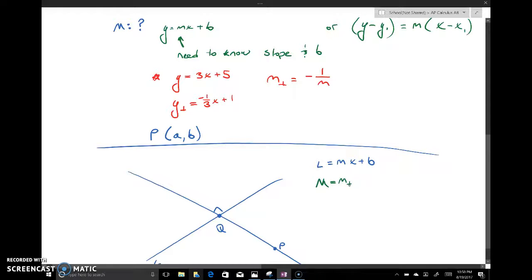We said the perpendicular slope, x plus, and then I'm going to give this a different letter, so let's call this D. If they intersect each other, then these two values should be the same. The x and the y values should be the same. So you could actually set these two equations equal to each other and solve for x to see what the x and y values should be.